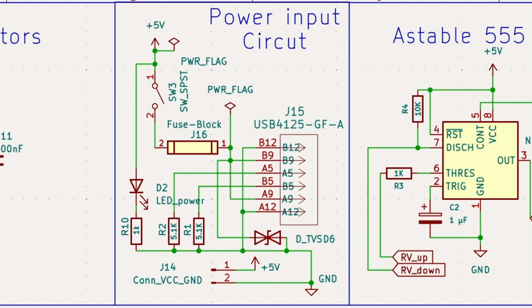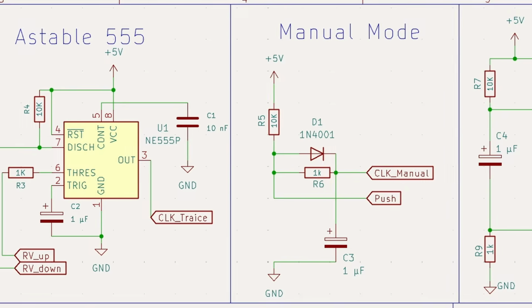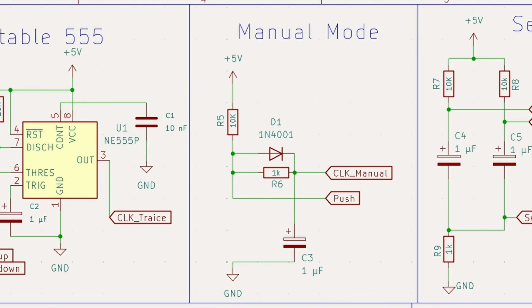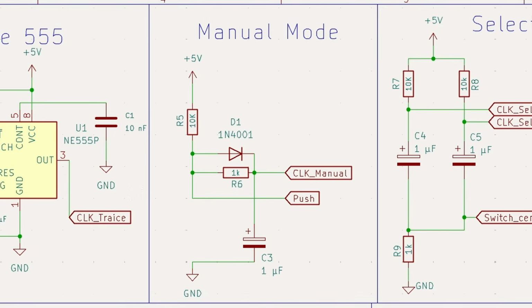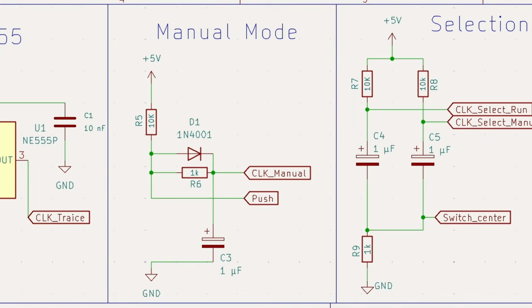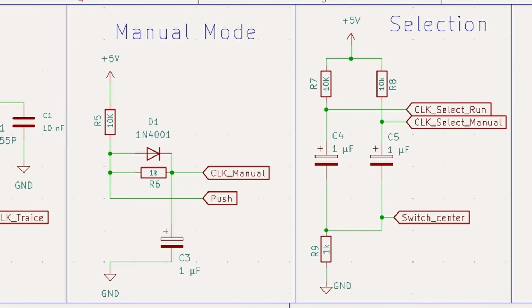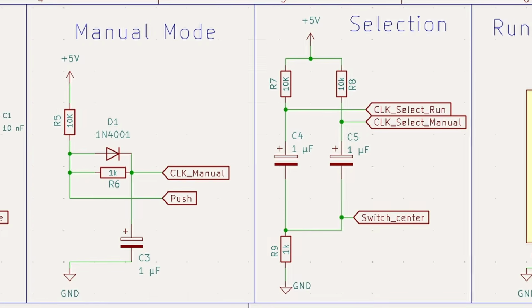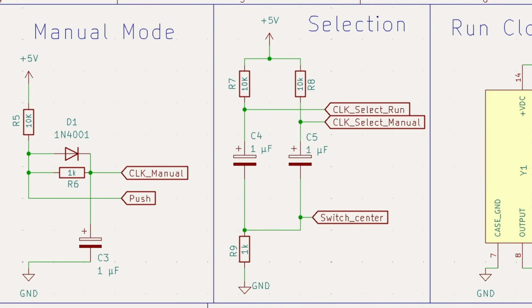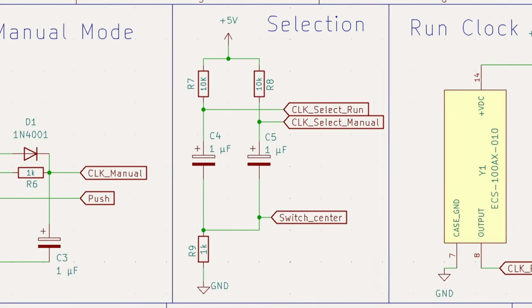When it comes to the actual clock circuit, it changed very little from the paper schematics that I already designed. The trace clock, the manual clock, most of the changes here were simply about organizing everything cleanly using global labels.